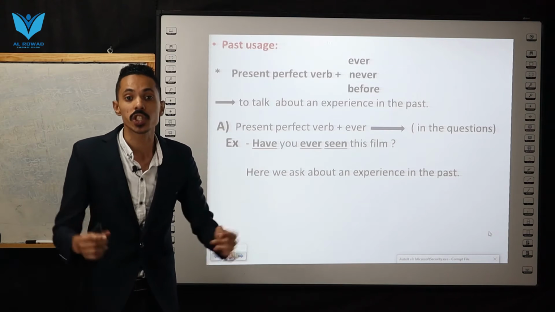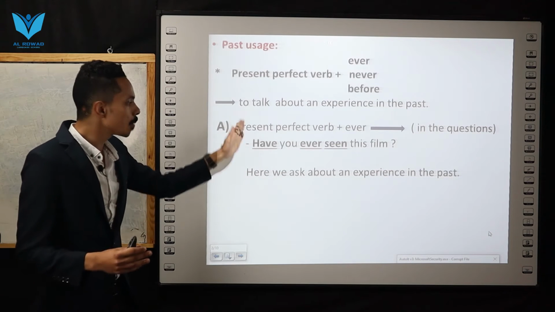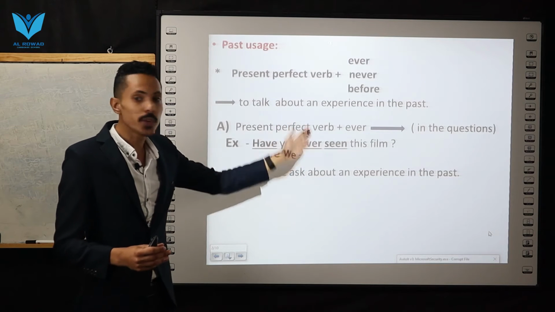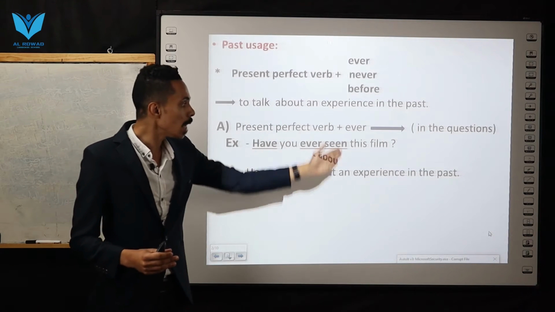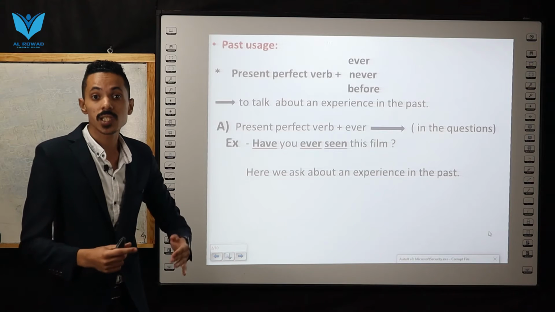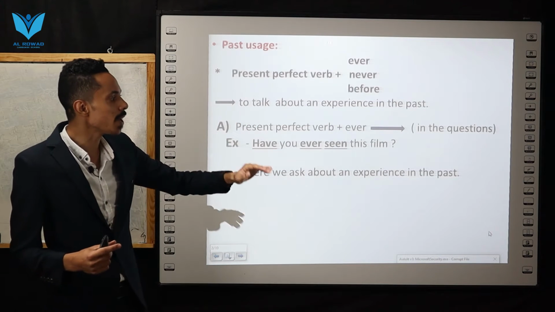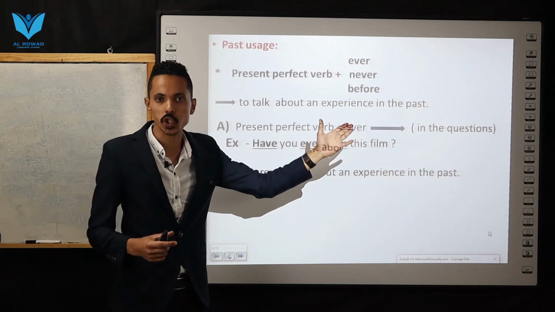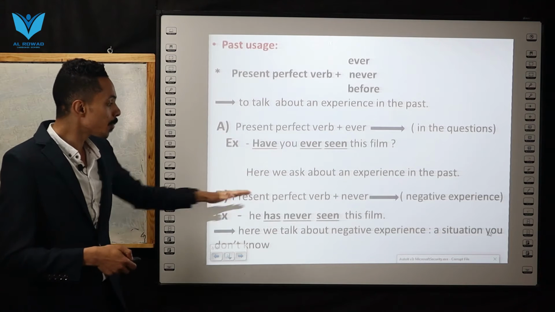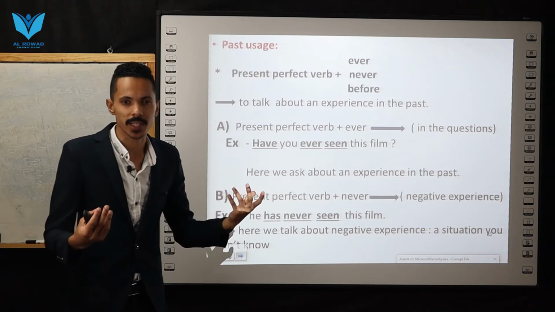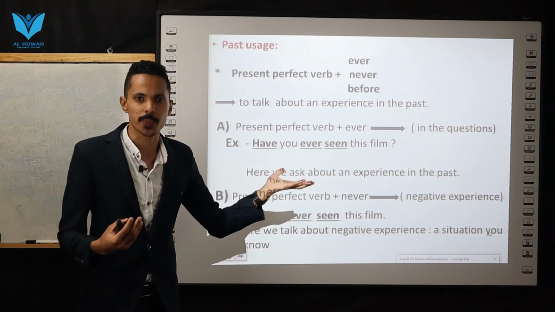Let's see the formation of this question. Helping verb have or has, subject like you, ever, verb in the past participle, object this film. This is the formation. Here to talk about an experience in the past, but using a question. Number 2, present perfect verb plus never. Also to talk about experience, but negative experience.